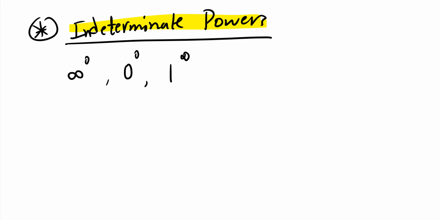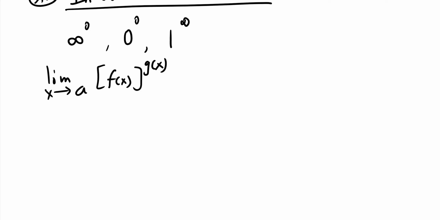Now, the good thing about all these 3 forms is that they follow the same procedure, the same strategy. That's why we show one strategy that fits all of them. Say we're finding the limit as x goes to a of a function raised to another function, and you get one of these forms. What makes these forms difficult is having these zeros or infinities in the exponent.